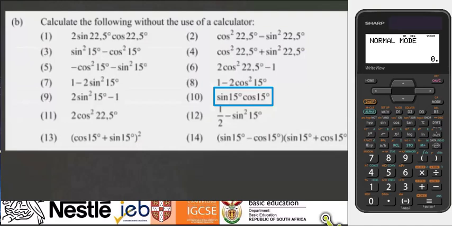That rule is sine of double the angle, which is 30, but I must remember to divide it by 2. So you have half at the top, and then you divide it by 2. You must get a quarter. There we go. 1/2, then I write divided by 2. Is it 1/4? Same answer. 1/4. You could have done it that way.